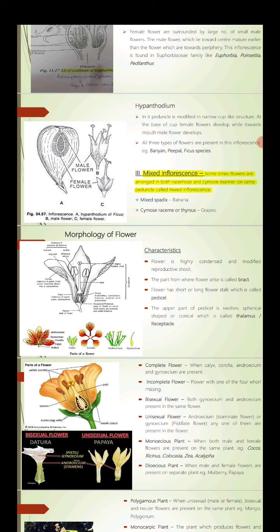Because of its presence, angiosperms are also called the flowering plants. It often develops in the axil of a small leaf-like structure called the bract. If the bract is present, the flower is called bracteate.